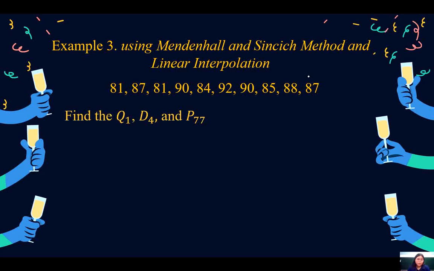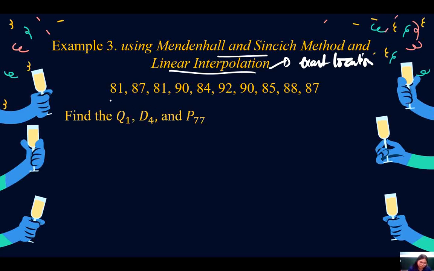Now, let's have example number 3. So here, we're going to use the Mendel, Hall, and Snitch method again and the linear interpolation. Meaning, we are asked to find the exact location, or the exact position. First, let's get the first quartile. So first, let's arrange the given.